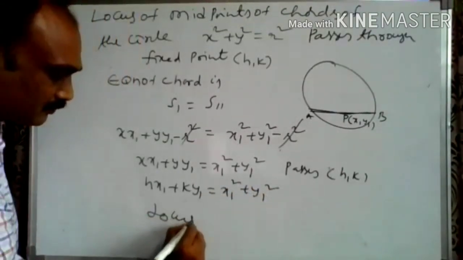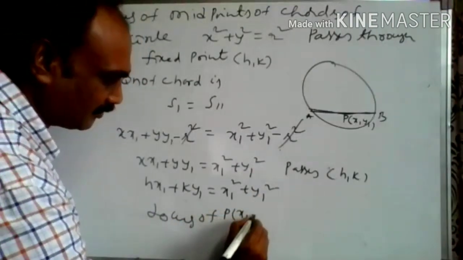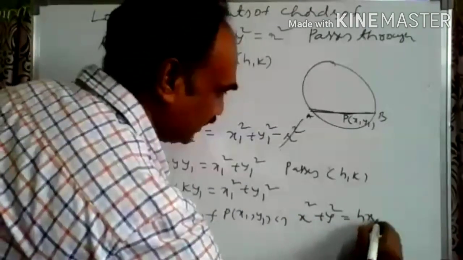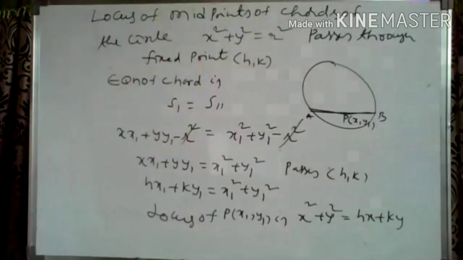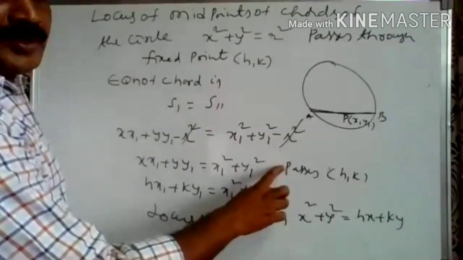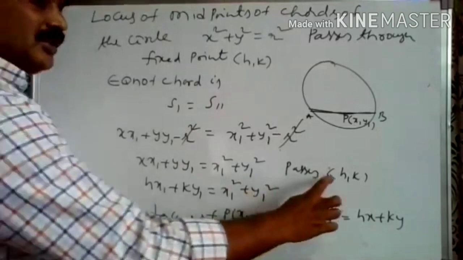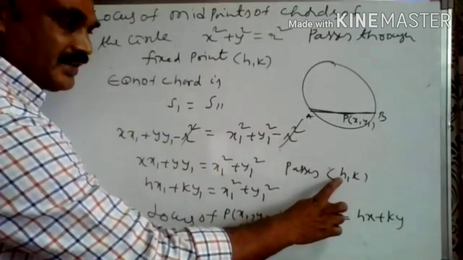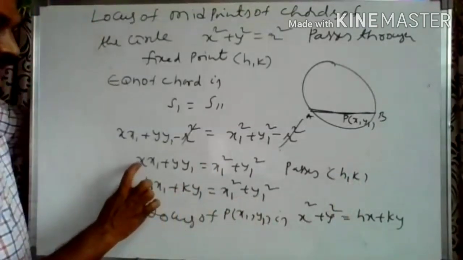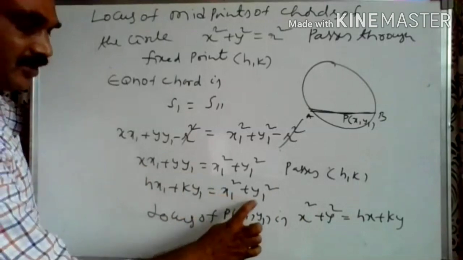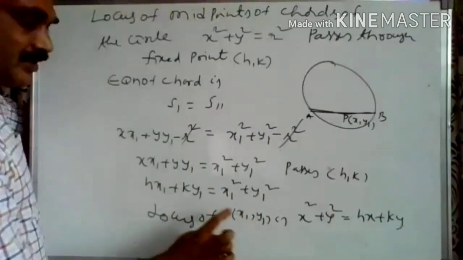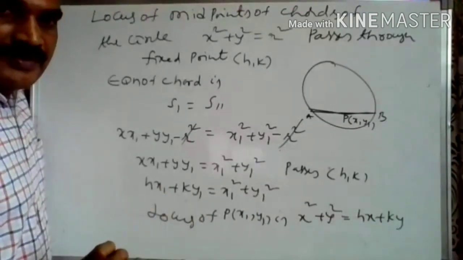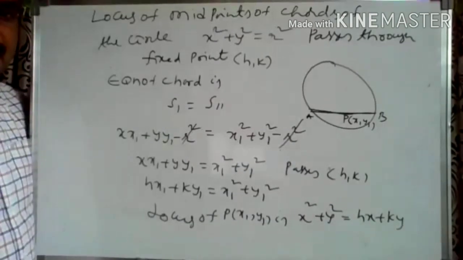Locus of P x1, y1, replacing x1 by x and y1 by y, the answer is x square plus y square is equal to hx plus ky. So this is the final answer.